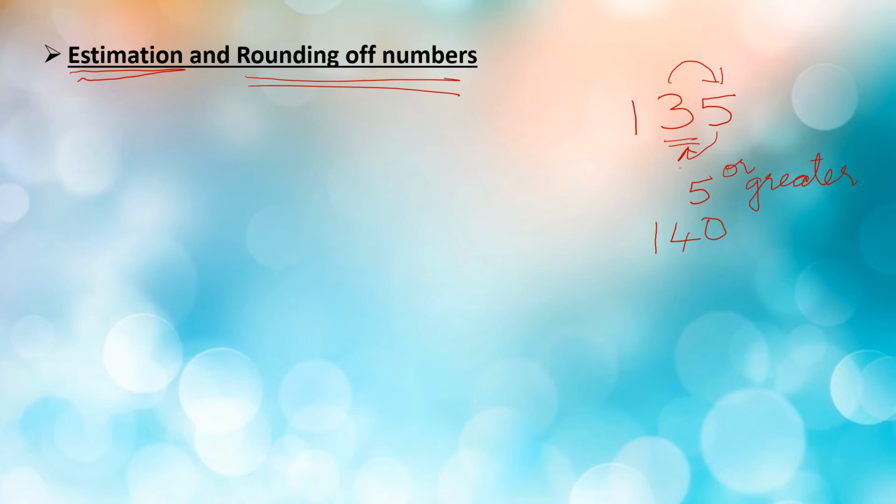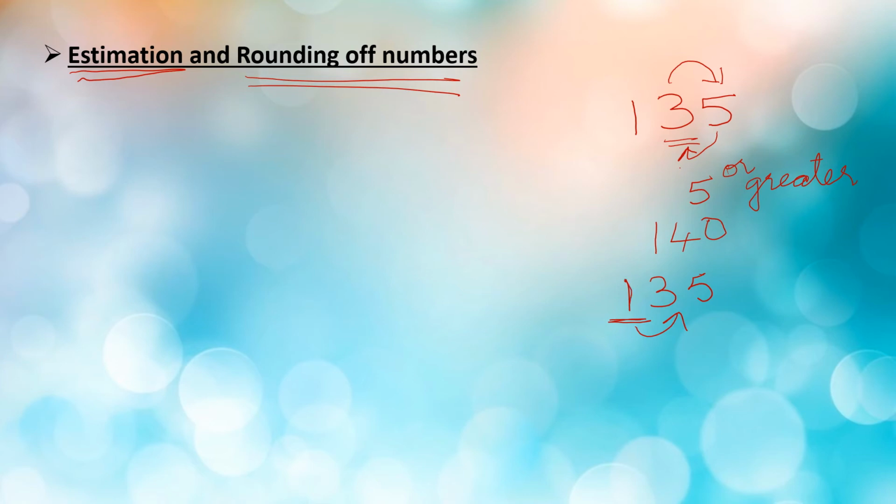Okay. If I ask you to round this particular number 135 to the nearest hundreds, what is the digit in the hundreds place? You have 1. So what is the place that is next to the hundreds place? You have the tens place. And what is the digit in the tens place? It is less than 5. So what will you do?